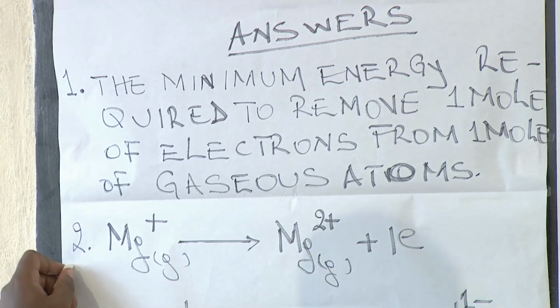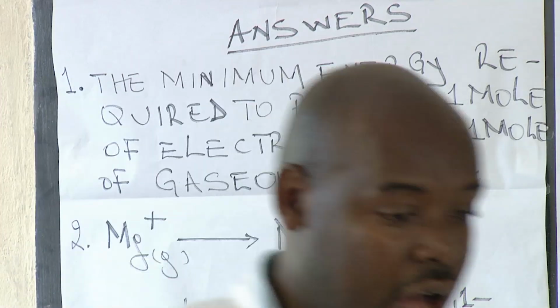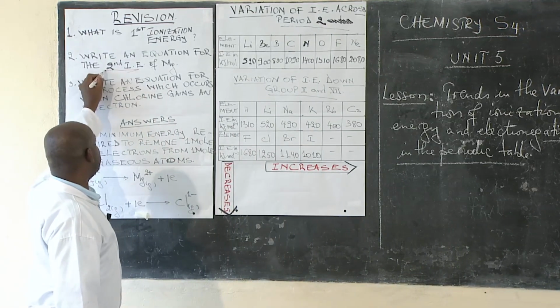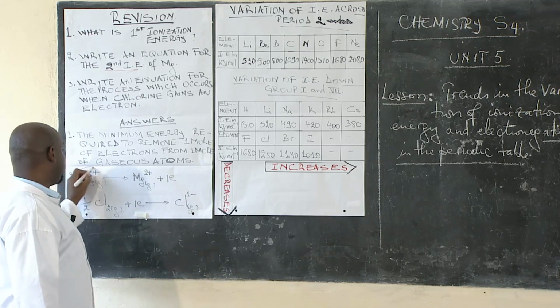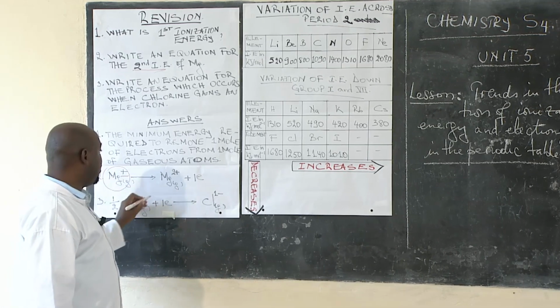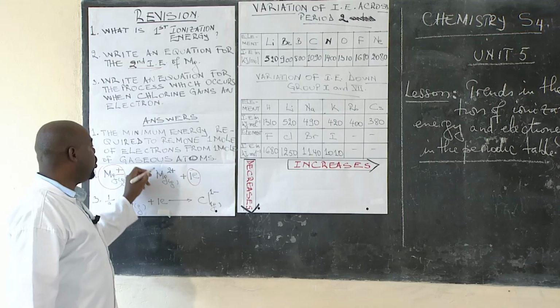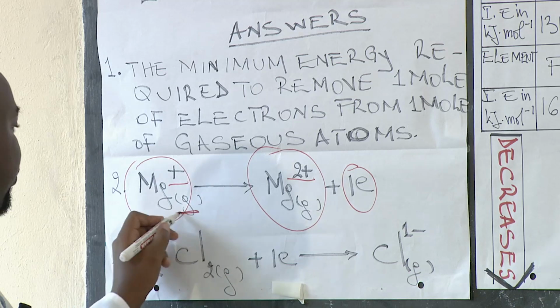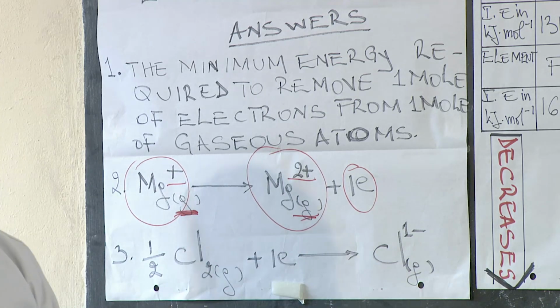And the answer for the second question, we have magnesium. Remember, it is the second ionization energy, so we start with magnesium 1 positive, which loses 1 electron to become magnesium 2 plus. You should always remember to include the state symbols.